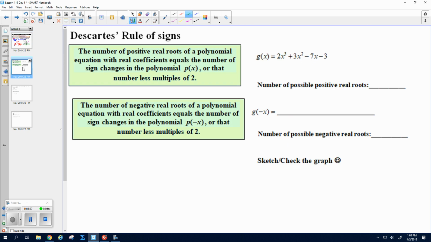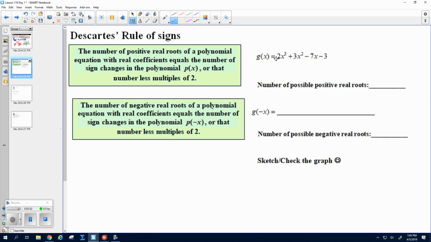Okay, so Descartes' rule of signs. The number of positive real roots of a polynomial equation with real coefficients equals the number of sign changes in the polynomial, or that number less than 2. If that didn't make sense to you, it's okay. All we do, you guys, to figure out the number of possible positive roots is look how many times we change signs.